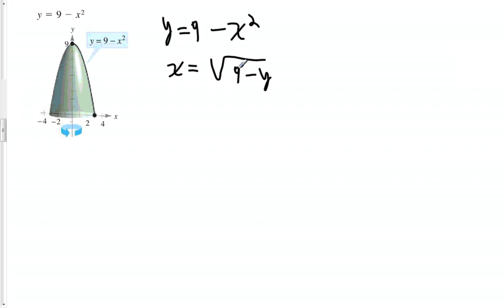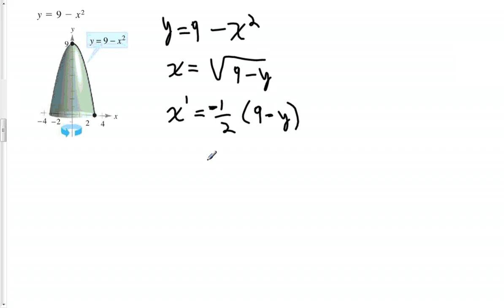Then we're going to plug this in for the r of y, but we also need the derivative of this with respect to y. So we're going to find x prime. X prime here is 1/2 times 9 minus y times the derivative of 9 minus y, which is negative 1. So the derivative here is negative 1/2 times 9 minus y.